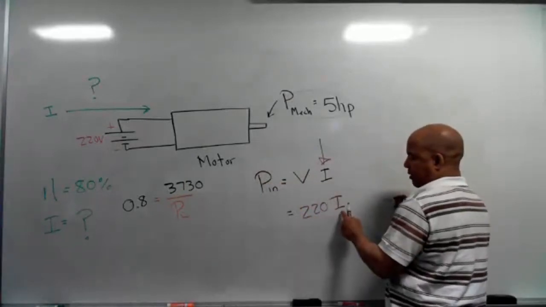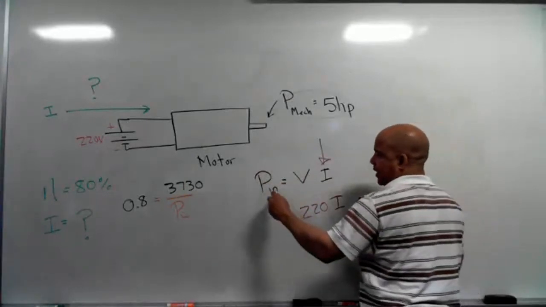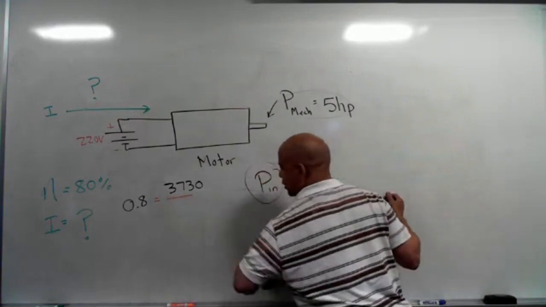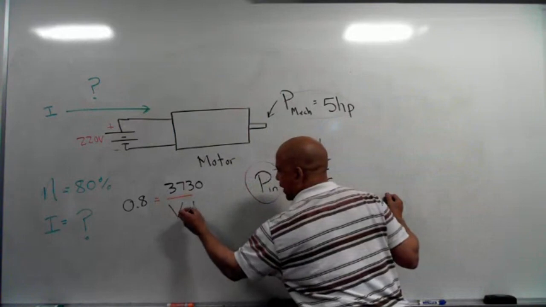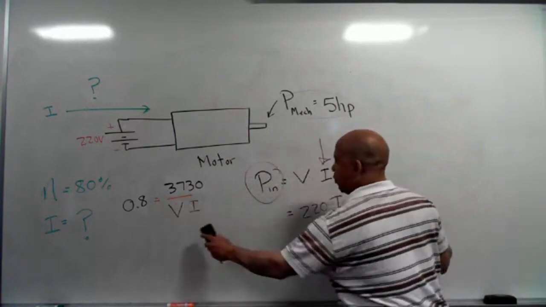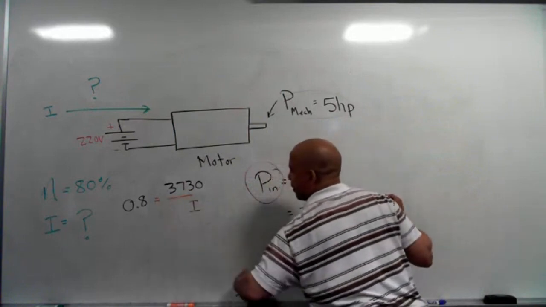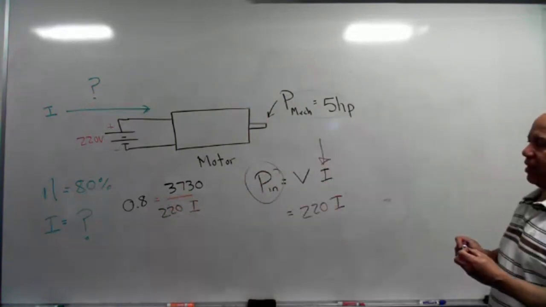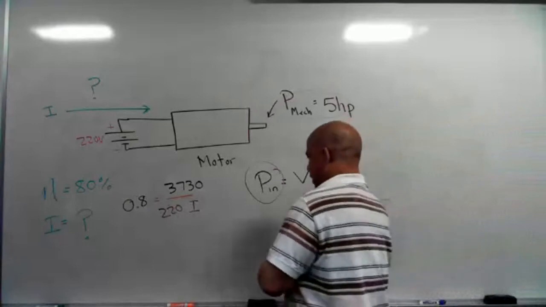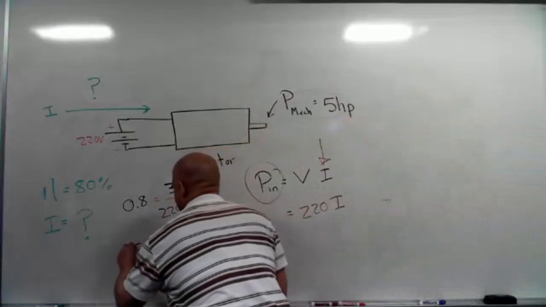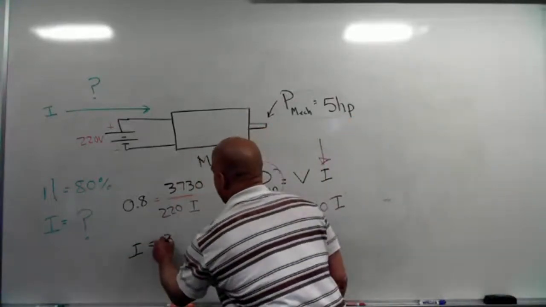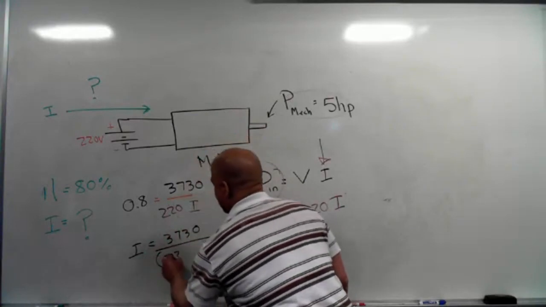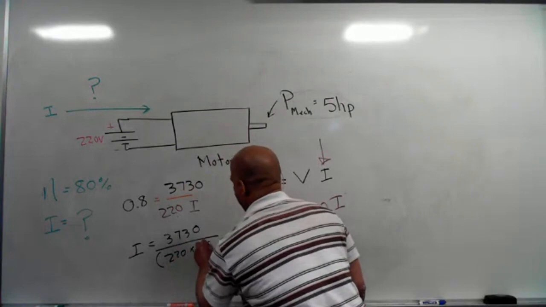We really only want that I. So instead of putting P in down here, I want to substitute what it's equal to, V times I, and I know V is 220. Then the only unknown I have here is I. If I solve this for I, I get 3,730 divided by 220 times 0.8.